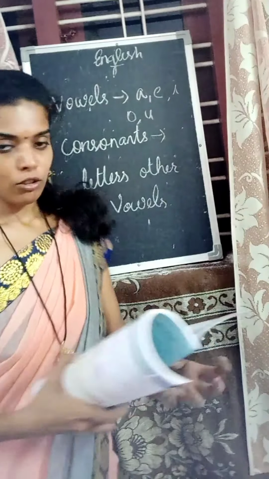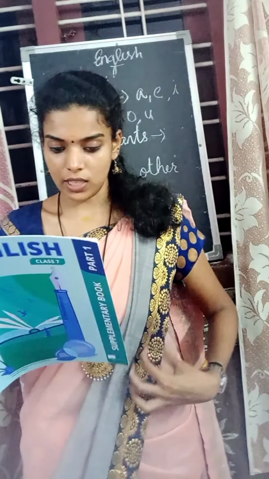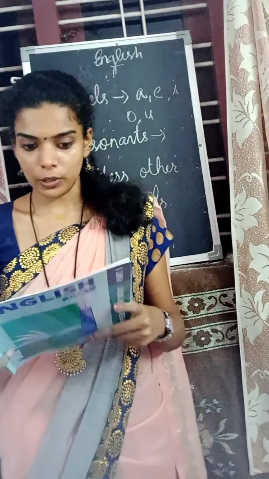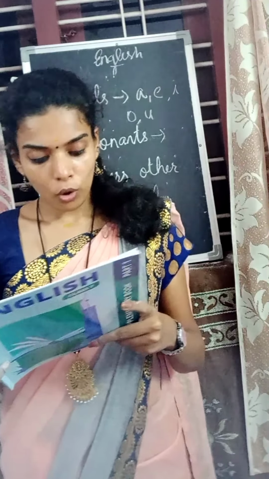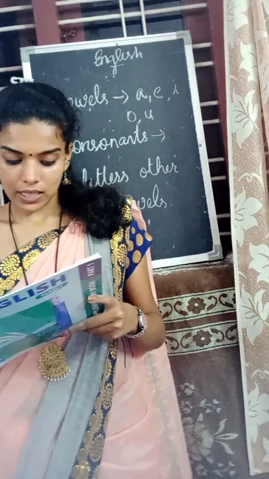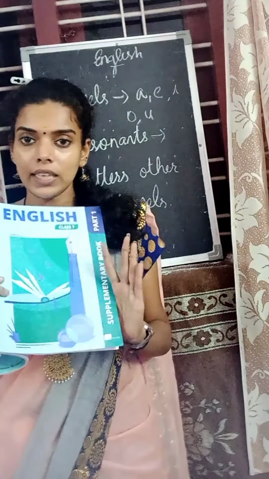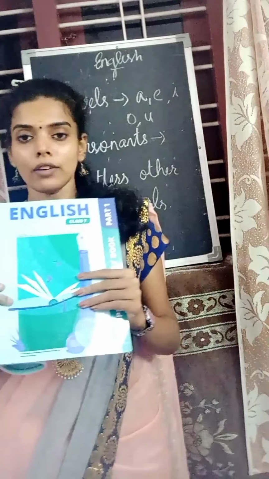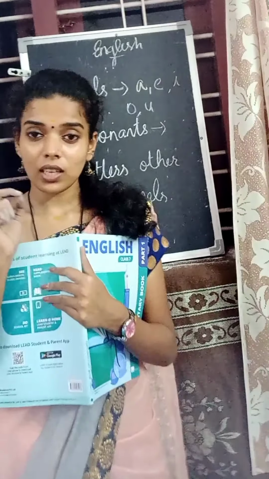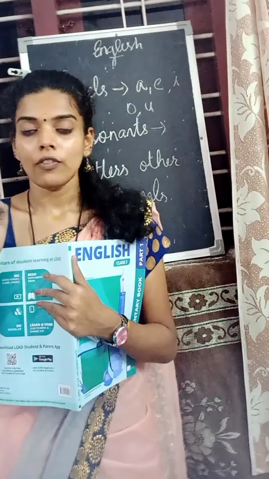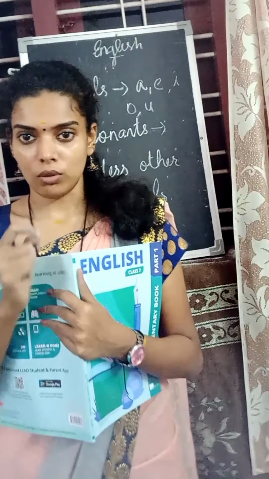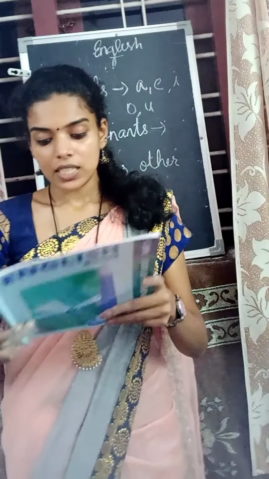Next we are going to see the rules for changing noun from singular to plural. For most nouns we add the letter S to the end of the word to make them plural. Commonly we simply add S to the word to convert it into plural.